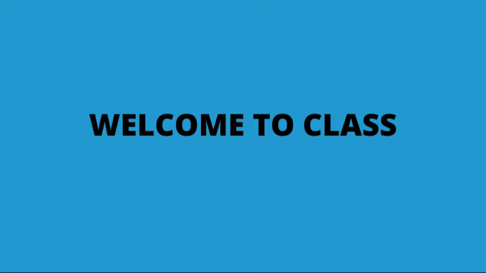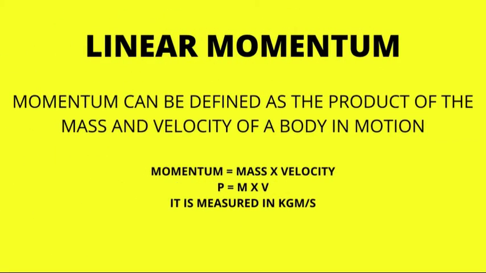Okay, welcome to class. Today we'll be doing a topic momentum for module 5. Linear momentum. Linear momentum has to do with momentum in a straight line, and momentum can be defined as the product of mass and velocity of a body.